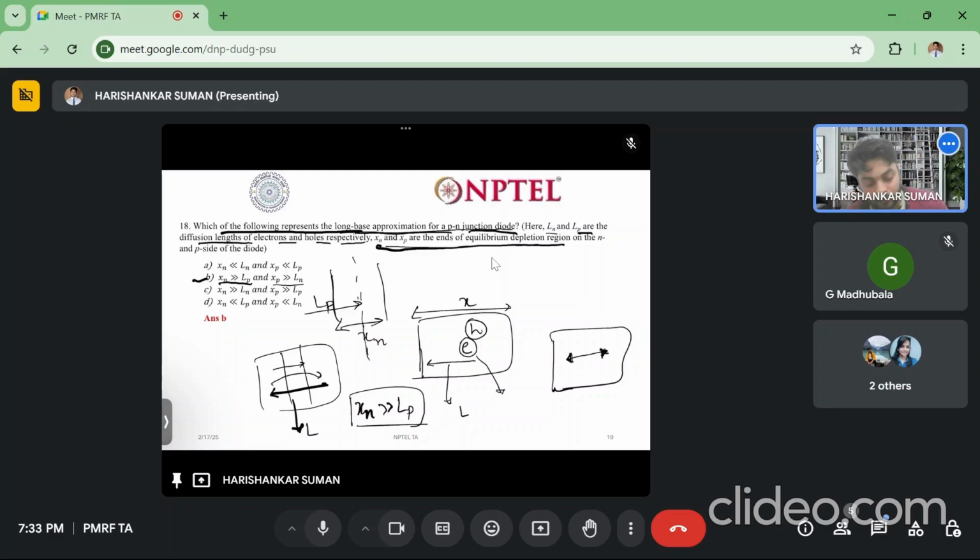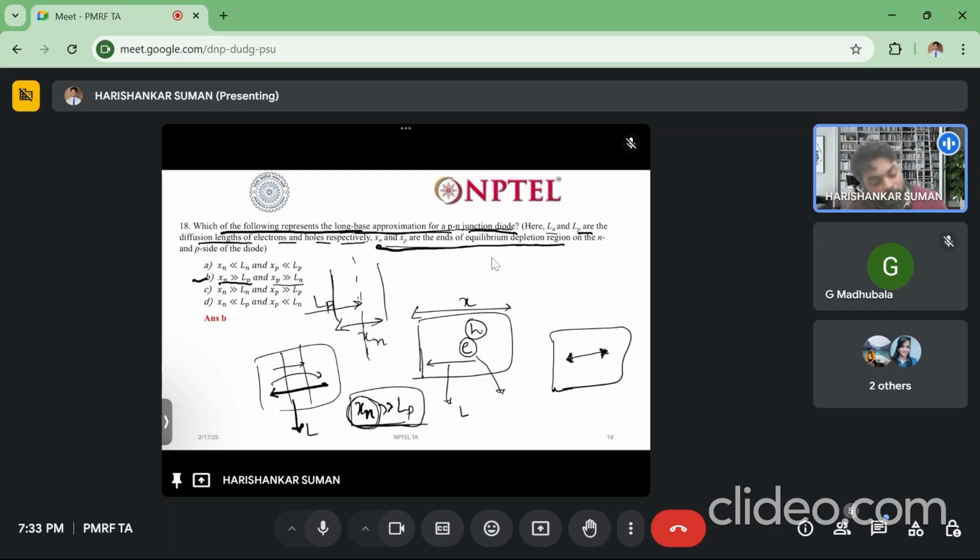Okay, I will tell you about the formation of the depletion region. So what is this? The depletion length of the n side is greater than the diffusion length of the hole.